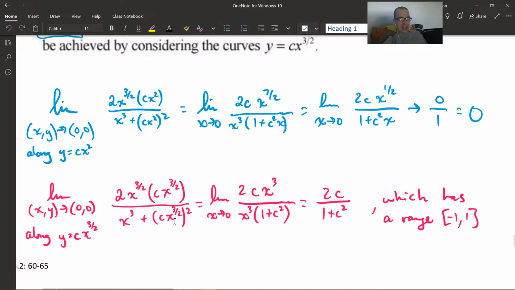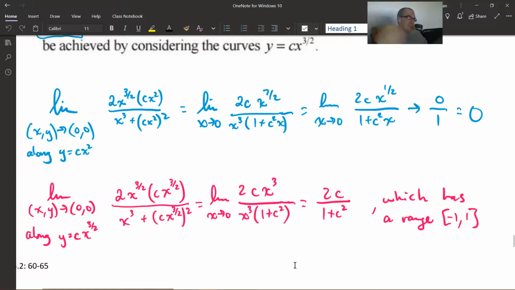And when we square the x to the 3 halves on bottom, we're going to get another x cubed, so that when we pull out the common factor of x cubed, like last time, we have a factor of x cubed on bottom and a factor of x cubed on top that we can cancel out. And now all we're left with is an expression in terms of c.